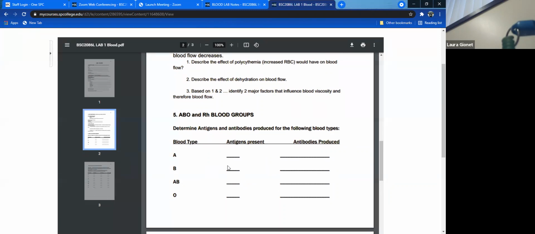If I'm blood type B, it means I have a B antigen on my cell surface and I make A antibodies. If I'm blood type AB, I have A and B antigens on my cell surface. And which antibodies do I make? Neither A nor B. And then blood type O, which antigens do I have on my cell surface? Neither A nor B. I mean, it's not like you don't have any antigens. You just don't have A or B antigens. What antibodies? A and B antibodies.